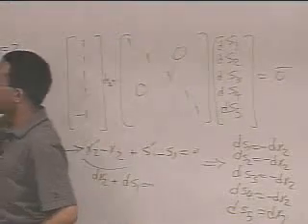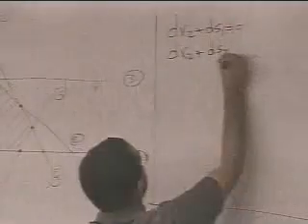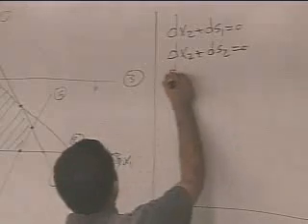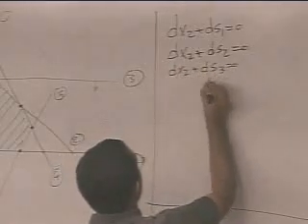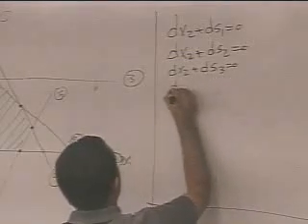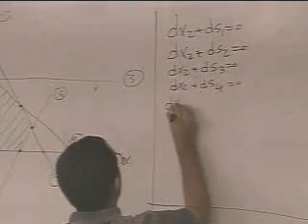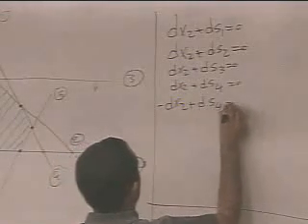Then from the second one, keeping this one constant, I get another equation: dx2 plus ds2 equals 0. dx2 plus ds3 equals 0. And for the fourth, it's exactly the same thing. But for the fifth one, it's a minus one. So minus dx2 plus ds4 equals 0.